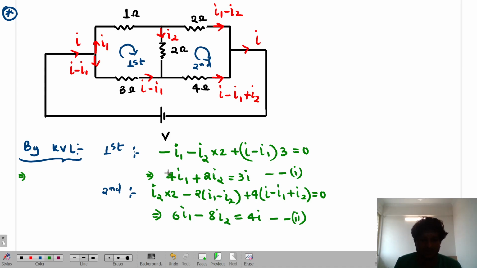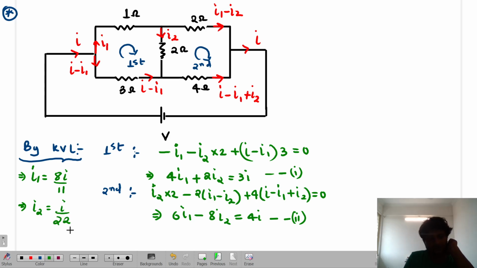Multiply this by 3 and this by 2, such that I1 will cancel, got it or not? If I apply the elimination method, I'm writing it directly, Palak, that I1 is equal to 8I by 11 and I2 will result into I by 22. Are you able to get me?